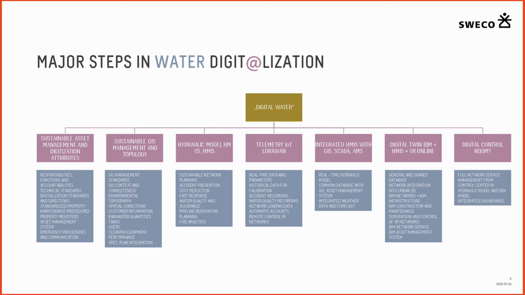Then you see all the pipes as real structures. And the last box, let's say, is a digital control room where you can control your water management system, let's say from home, for example.